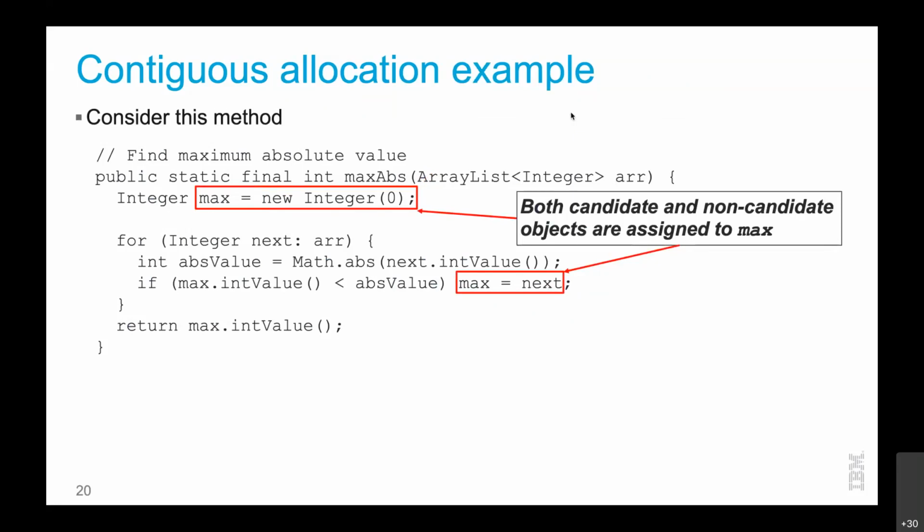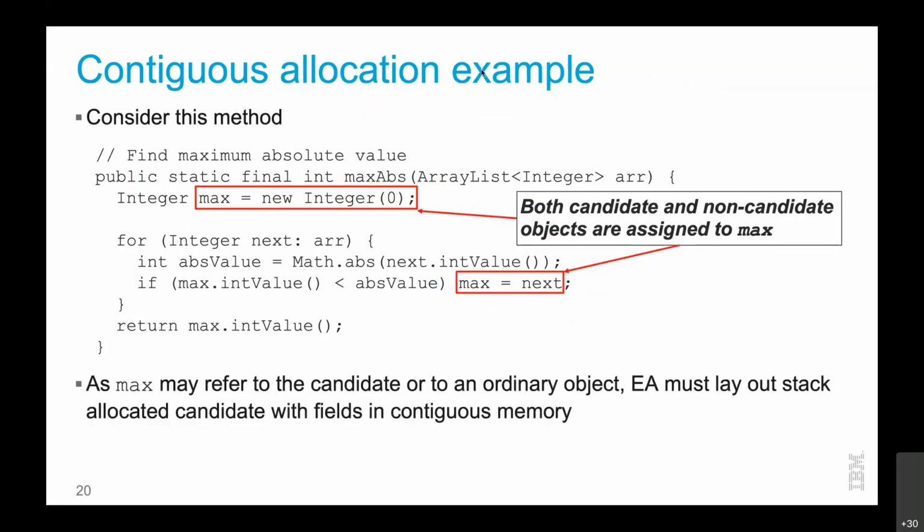So max can contain both the candidate and some other non-candidate objects potentially. As I said before, because max has to be able to refer to both heap allocated and stack allocated objects potentially, the stack allocated candidate in this case has to be laid out in contiguous memory, in the same shape as a heap allocated object would be.